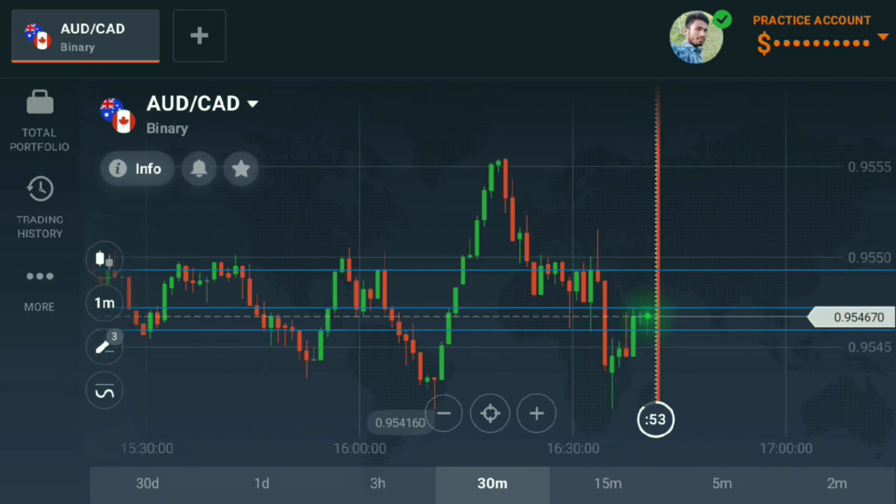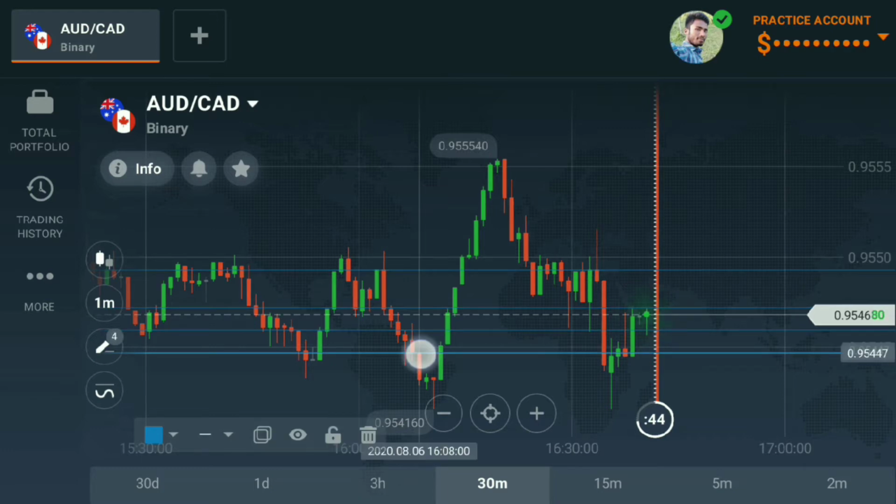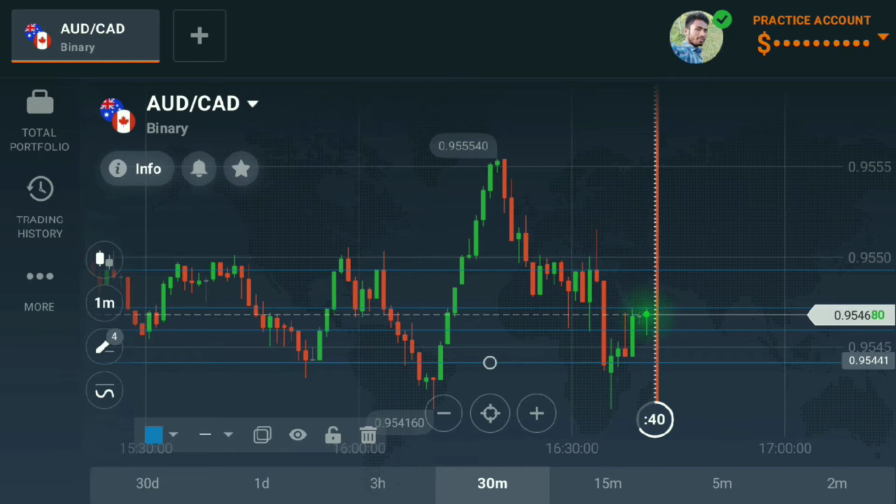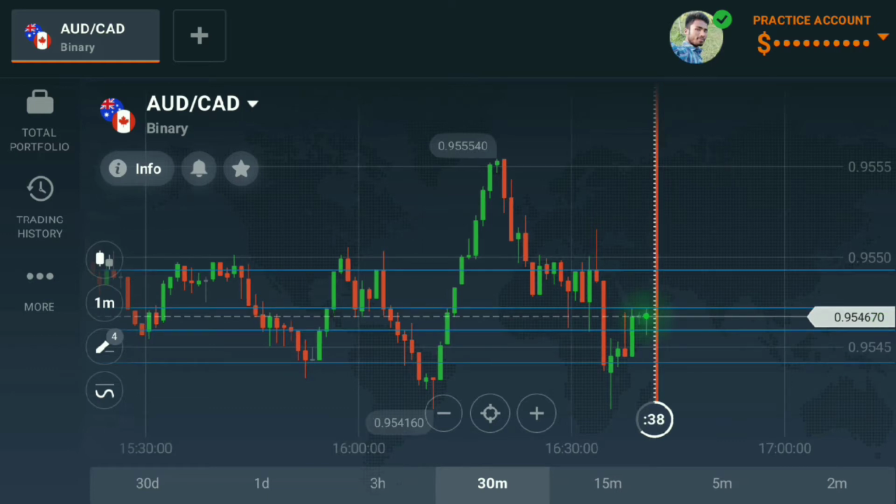So these are the levels. This is how you can draw the SNR near to the price bar. So here also a level, right? This is an SNR level, the support level and the resistance level.